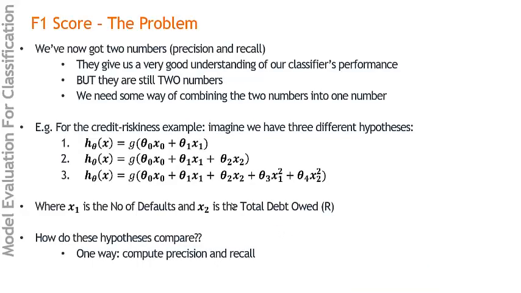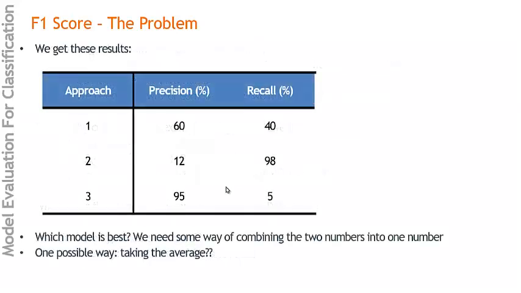Okay, so suppose we have three different classifiers, and let's look at some specific examples of three different classifiers. Here we have one where we have 60% precision, 40% recall. Here we have 12% precision, 98% recall, and 95% precision, 5% recall.